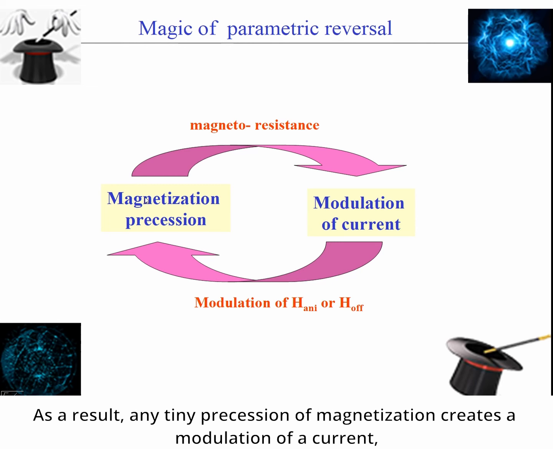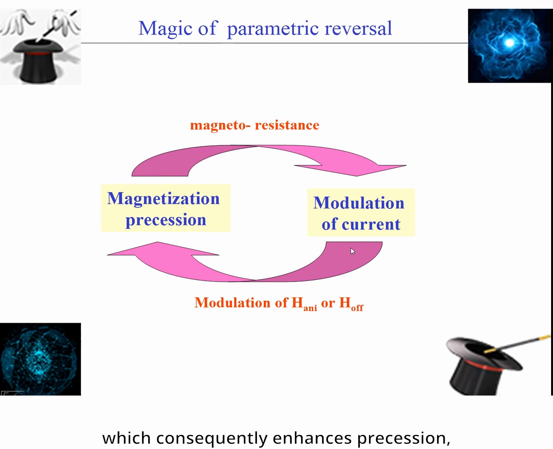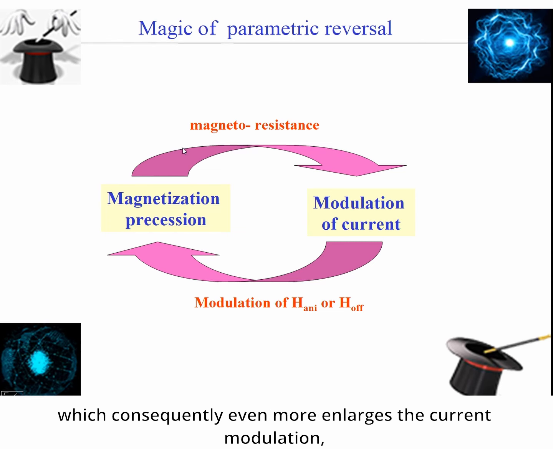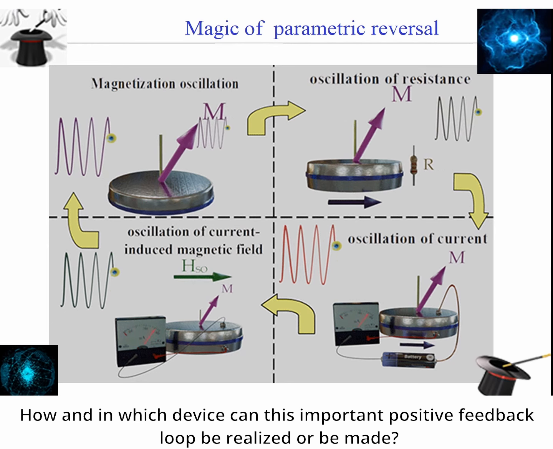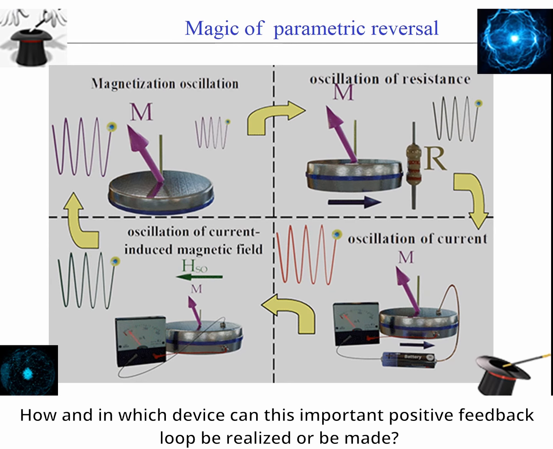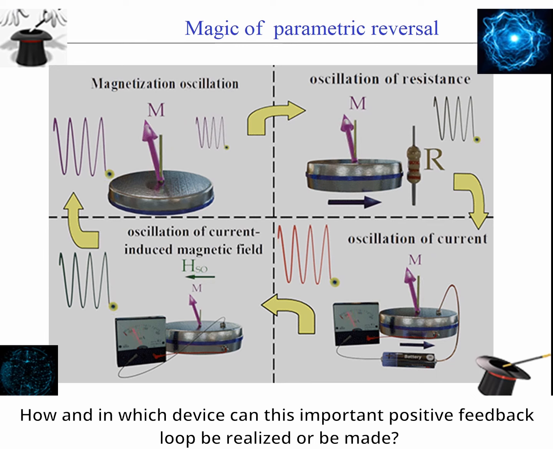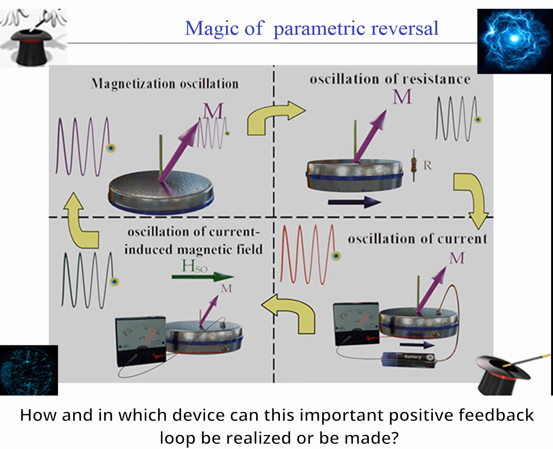As a result, any tiny precession of magnetization creates modulation of current, which consequently enhances precession, which consequently even more enlarges the current modulation, which consequently makes even larger precession angle, and so on and on until the magnetization is reversed. So, how and in which device can this important positive feedback loop be realized?